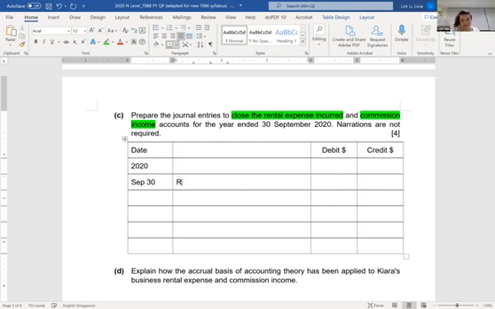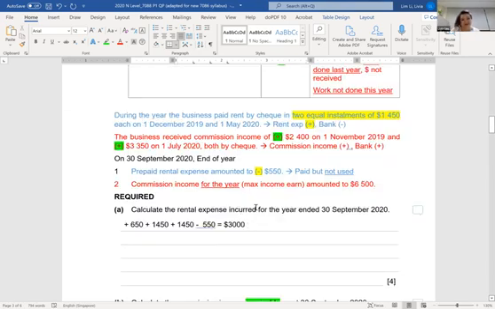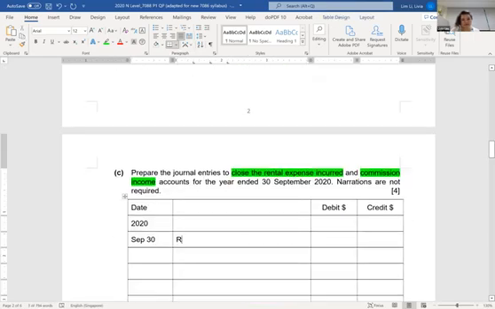The rental expense incurred is 3,000. You're going to take out from rental, so rental expense minus away 3,000, and we are going to put it into income summary. So that's rental.